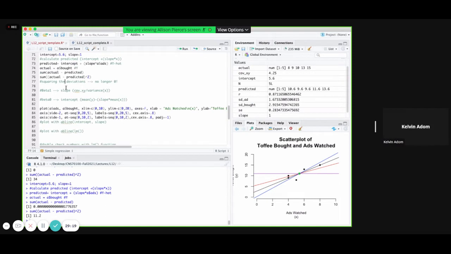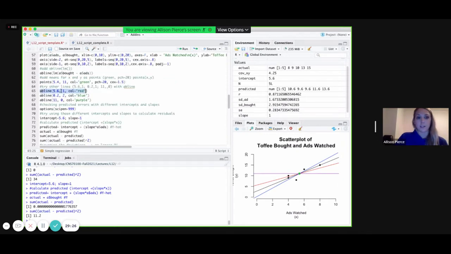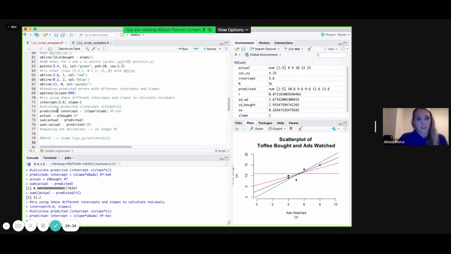Wait, sorry, Allison, can you explain that difference again? Yes, so I'm grabbing the intercepts and slopes from these different lines that I plotted here. The red line is if we just take the predicted values, plugging them into the regression formula, right?